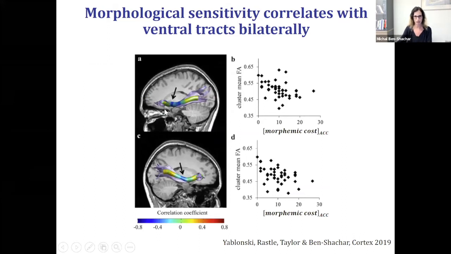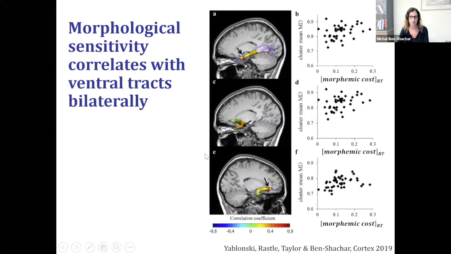Specifically, this pathway is known as the inferior frontal occipital fasciculus, and you can see that both in the left hemisphere and in the right hemisphere, it shows a nice correlation. I'm only showing you significant associations that survive correction along the tract, and it correlates with the morphemic cost in terms of accuracy. We also find bilateral ventral associations with the reaction time morphemic cost.